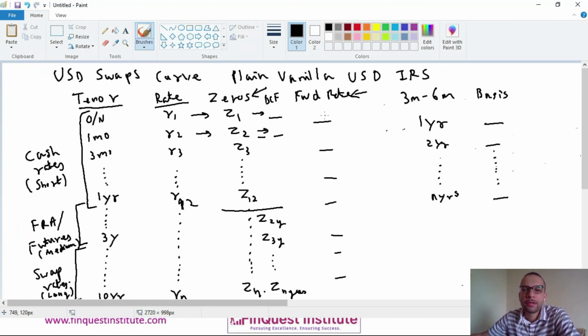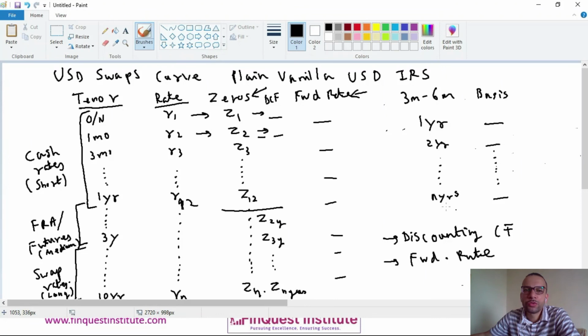So when we are calculating, we have two things which we'll have to consider. One is discounting of your cash flows, and one is your forward rate calculation. These are the two tenets on which the swap pricing is based.